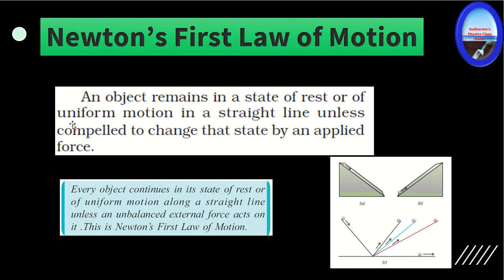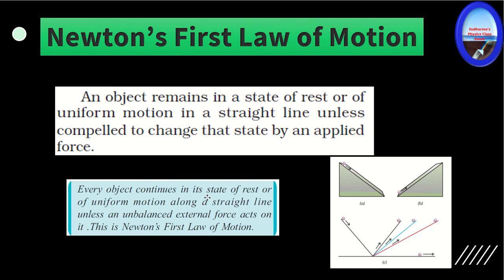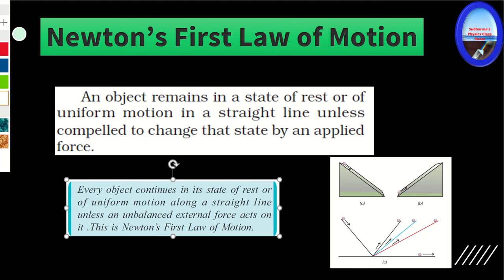Every body continues in its state of rest or uniform motion. See, it can be either state of rest or uniform motion along a straight line unless an unbalanced external force acts on it. Unbalanced and external force acting on it, that is important. An object remains in state of rest or of uniform motion in a straight line unless compelled to change that state by applied force.